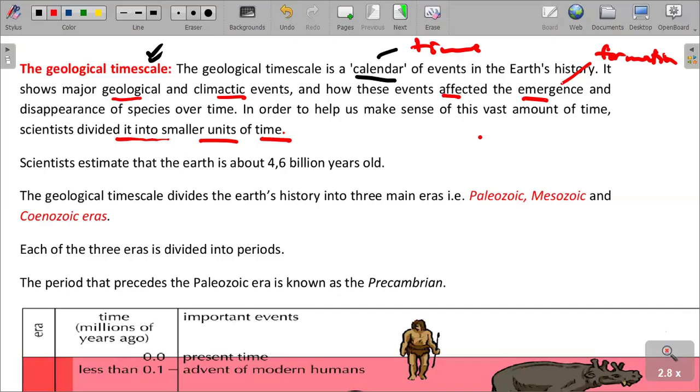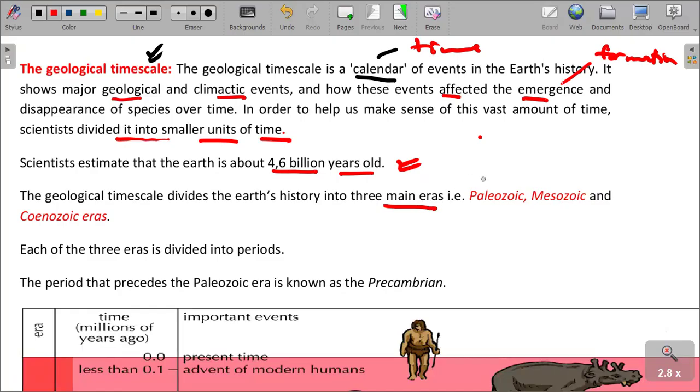Scientists estimate that the Earth is about 4.6 billion years old. That is, from the time the Earth was established up to now, it is about 4.6 billion years. The geological timescale divides the Earth's history into three main eras.